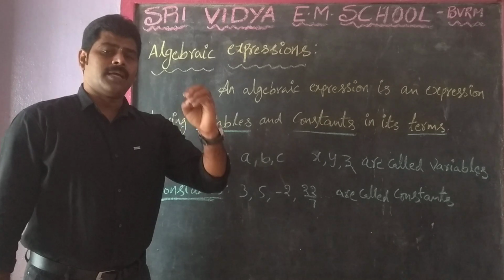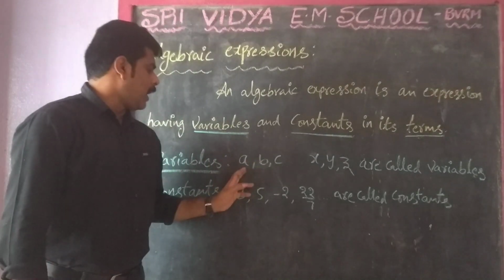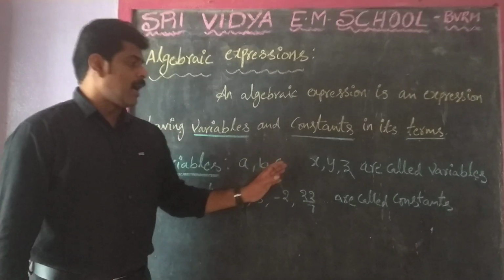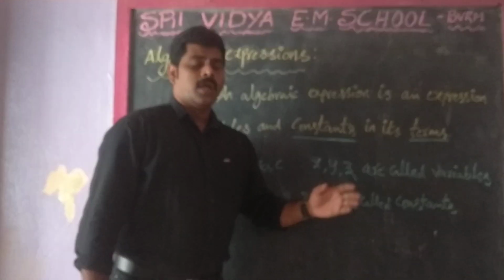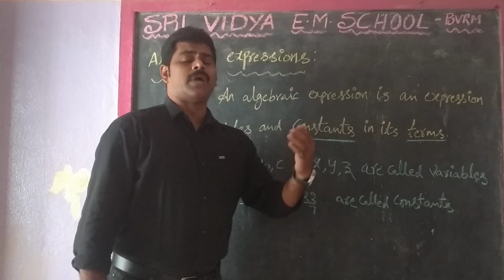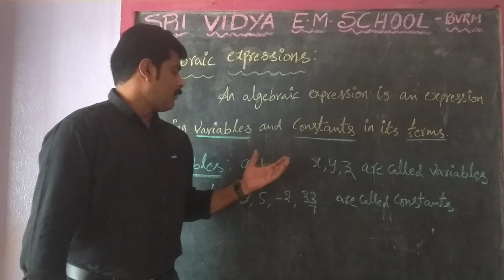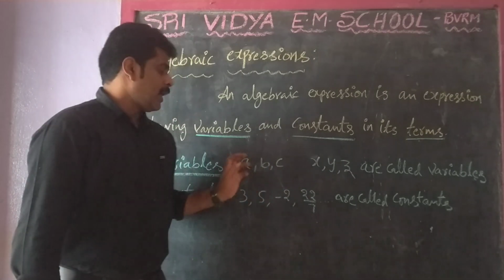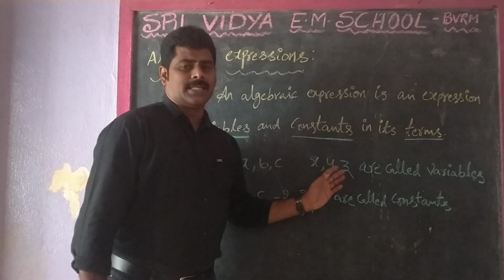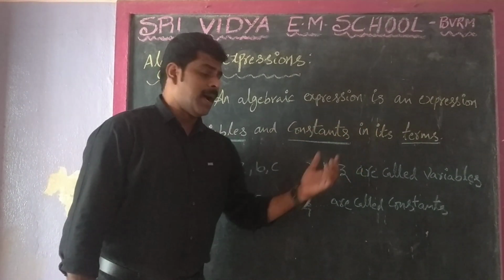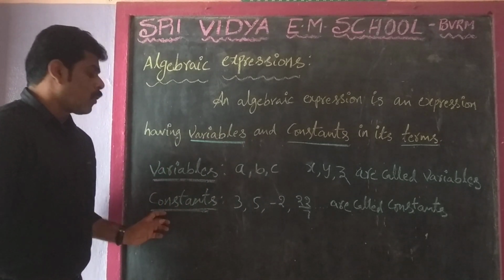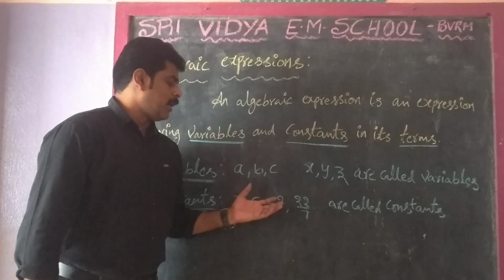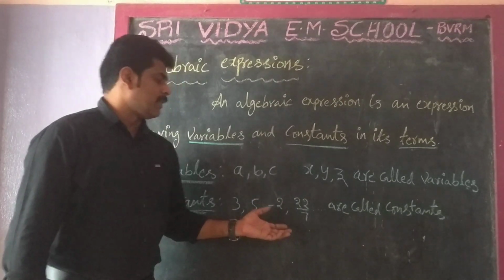The letters in the alphabet A, B, C and so on, X, Y, Z are called variables. Instead of finding any value, we write the alphabets A, B, C or X, Y, Z. And what are constants? Constants are generally the numerals 3, 5, minus 2, 22 by 7.